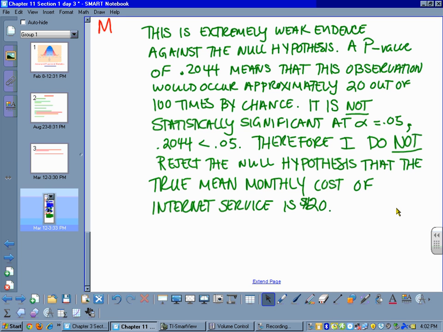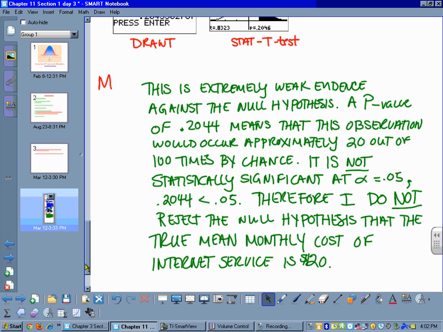So maybe I'm one of those people that had quite a large bill this last time and I'm thinking that they're lying about their monthly service charge. Well, I can now say, guess it's just me. Maybe it's my kids texting too much, something like that. But I cannot go back to the company and complain.